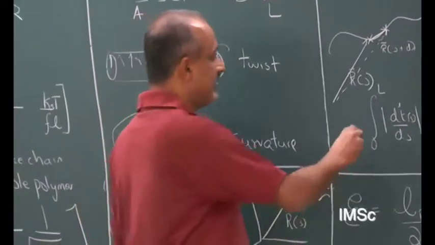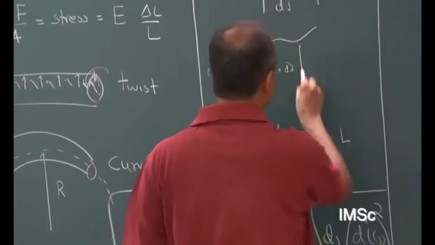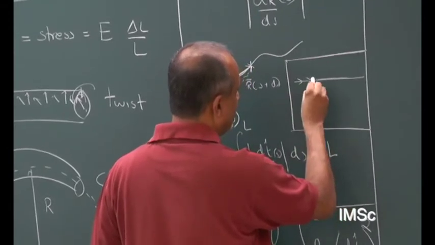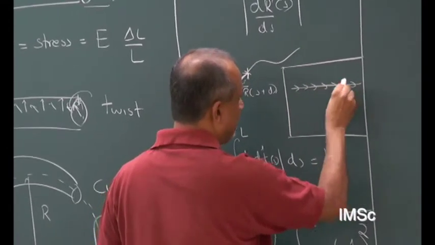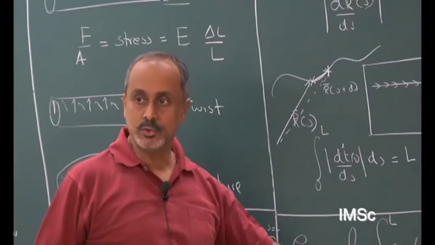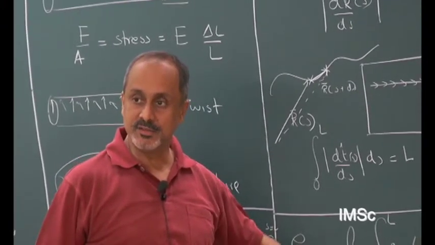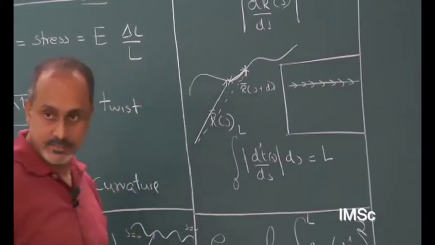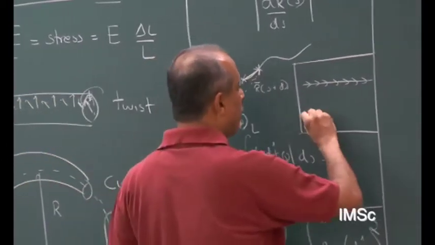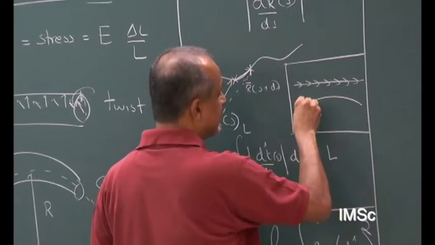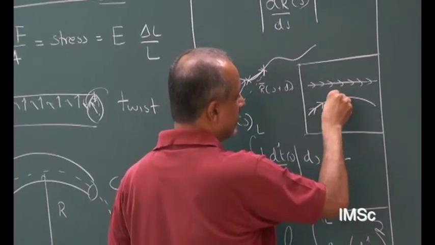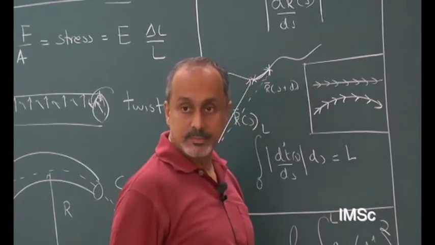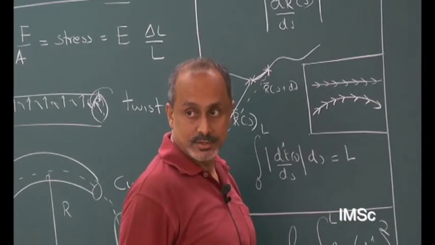This is saying that first of all, if t hat of s is a constant, then all these vectors point in the same direction, and there is no energy cost at all. It's only if they don't point in the same direction, so that the tangent might look like this, might be here, here, and so on, that this picks up a non-zero value.